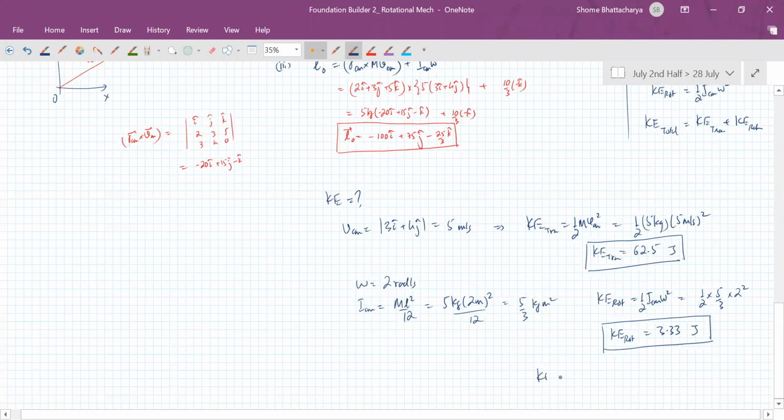The total kinetic energy is the sum of translational kinetic energy plus rotational kinetic energy.